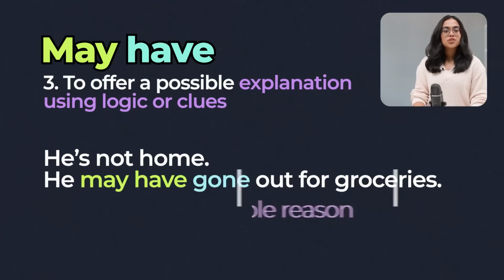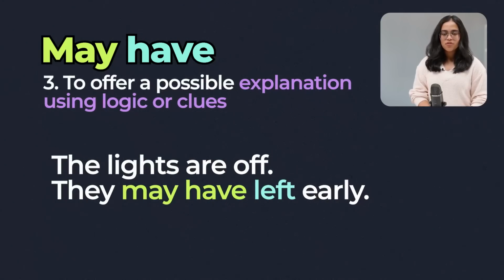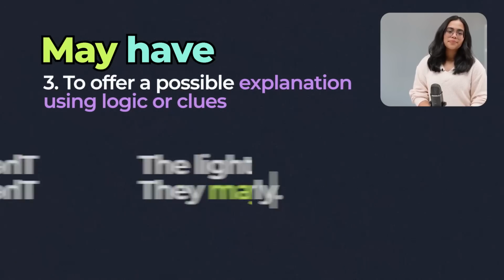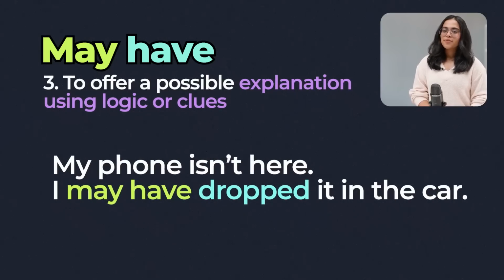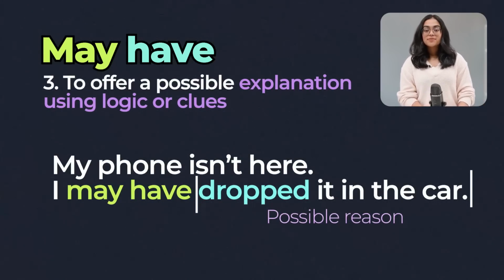Well, I'm not sure that he's gone out to get groceries, but I'm just offering a possible explanation. The lights are off. They may have left early. My phone isn't here. I may have dropped it in the car. In all these sentences, you are offering a possible explanation why something happened. I hope now you have a fair idea of how to use may have.